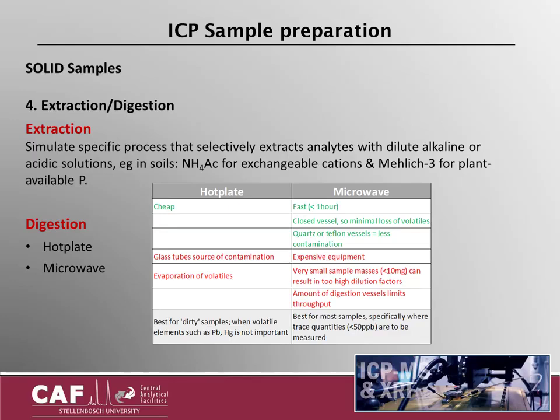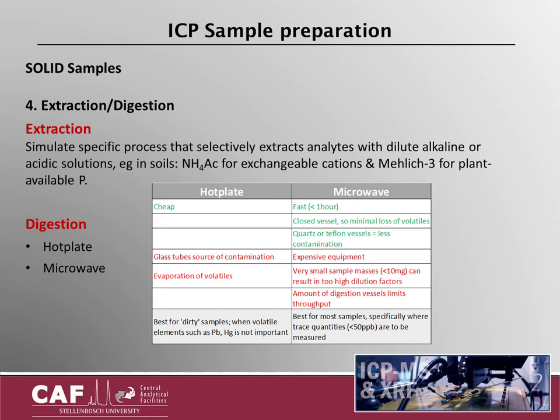Disadvantages are that it's expensive to buy the equipment. It can be expensive to maintain the digestion vessels. If you have to work with very small sample masses, such as less than 10 milligram, you can end up having very high dilution factors just because you're adding a lot of acids that need to be diluted again.